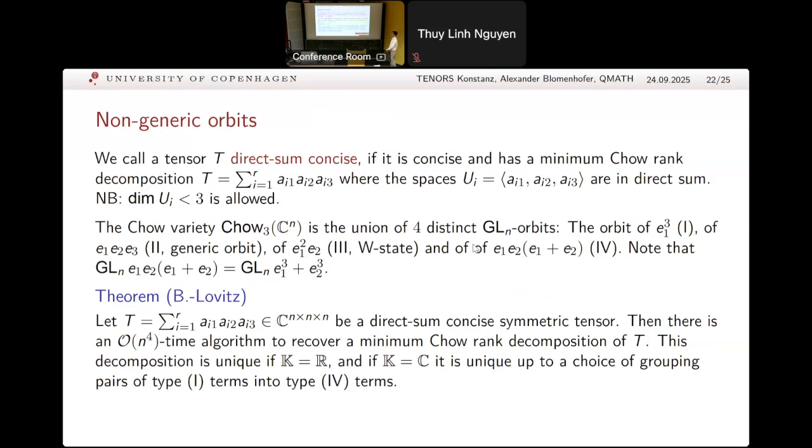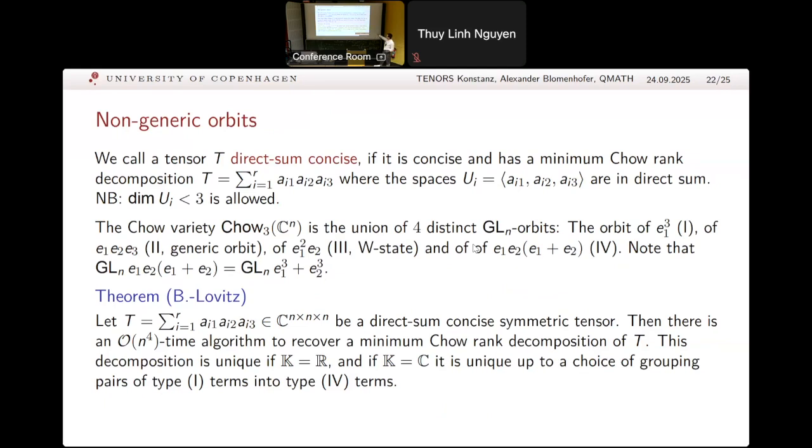And what you can show, when you're a little bit more careful, is that a sum of W states you can also separate. And then if you put a little bit more effort, you are actually also allowed to mix different orbits together, because essentially a posteriori you can find out which eigenvalues belong to which orbits. You just have to be a little bit careful because over the complex numbers, the orbit of E1, E2, E1 plus E2, this orbit number 4, is actually E1 to the 3 plus E2 to the 3.